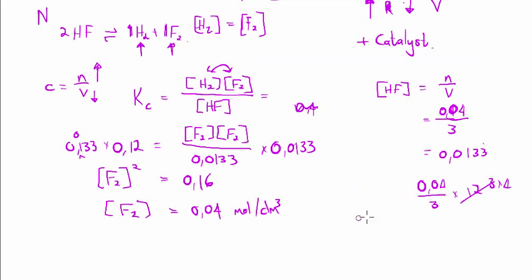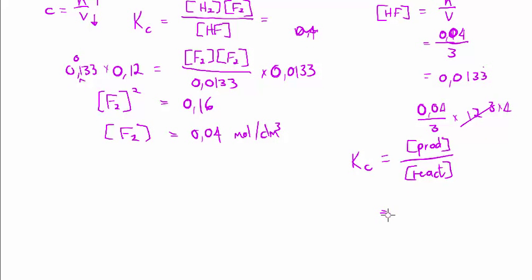In terms of the formula, Kc is products over reactants. So if I look at it from reverse, what changed?